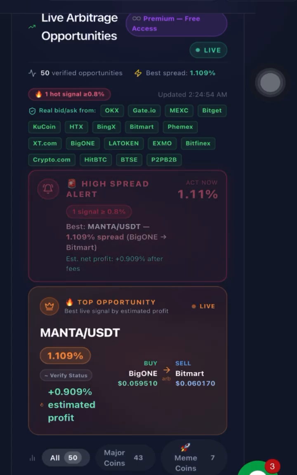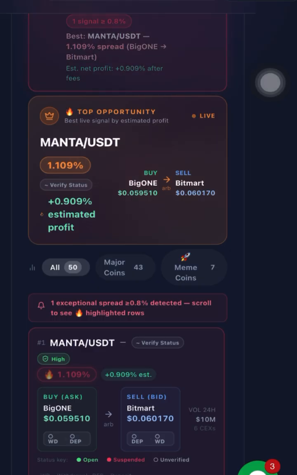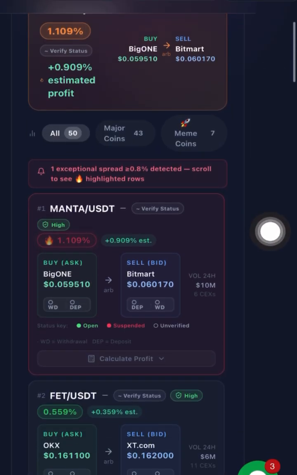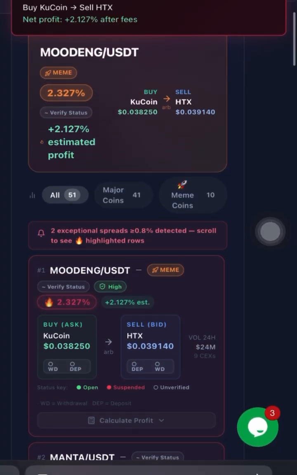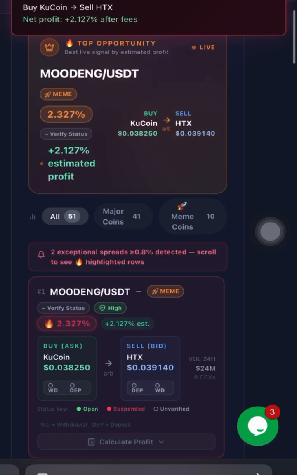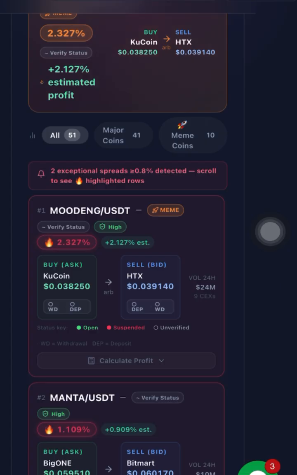Let's say Manta USDT. It says buy on KuCoin and sell on HTX, right?